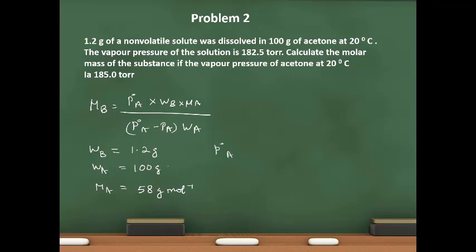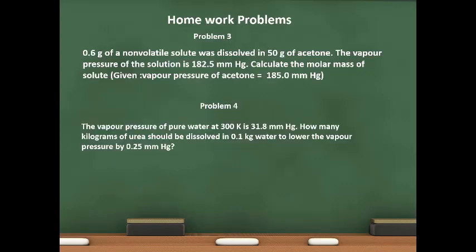P0A is the vapor pressure of pure acetone, which is 185 torr, and Pa is the vapor pressure of the solution, which is 182.5 torr. You can substitute and find the answer. It will be in grams per mole. These are two homework problems.